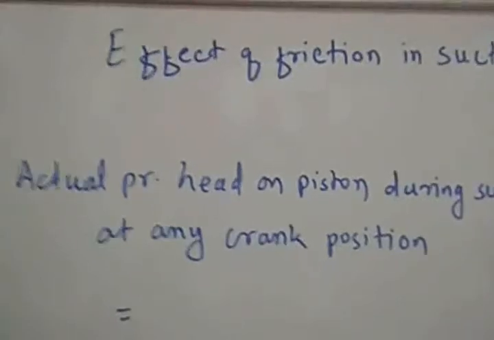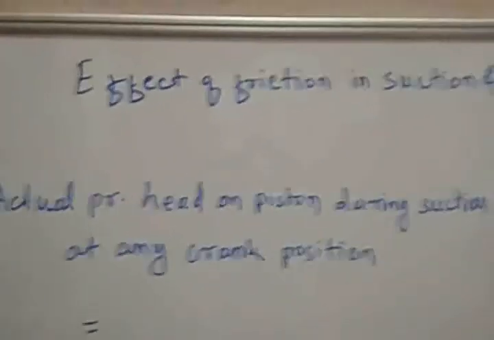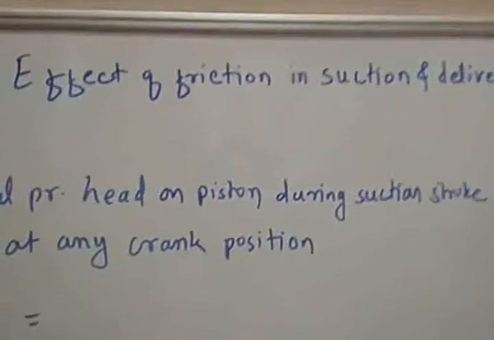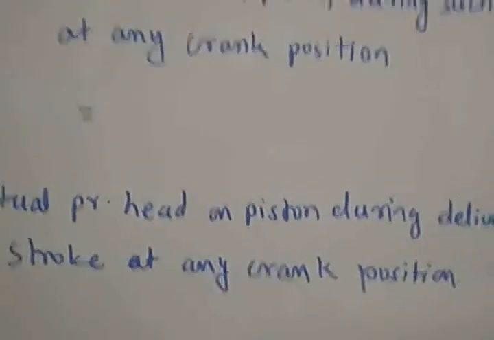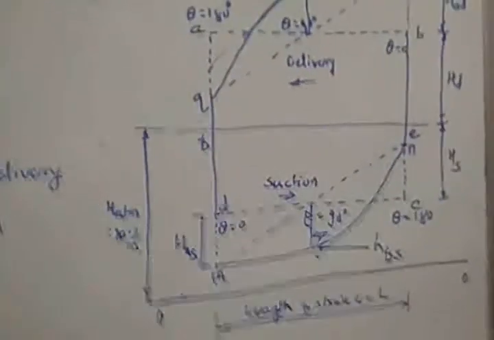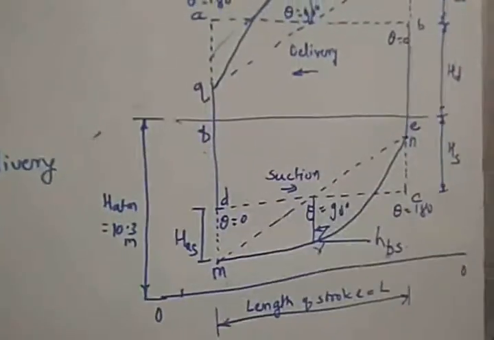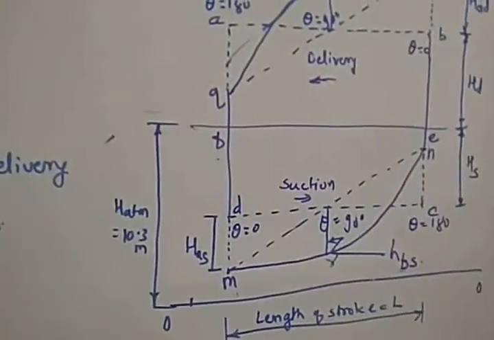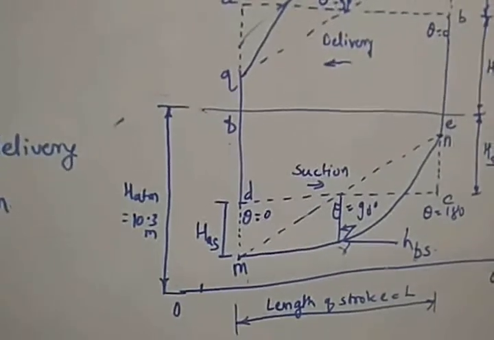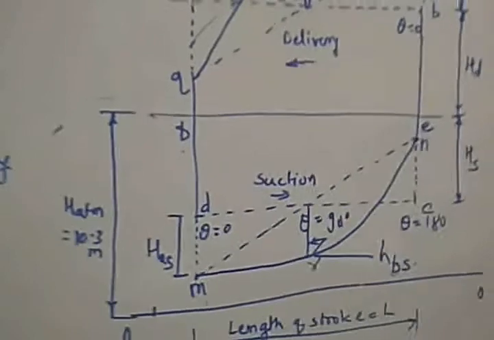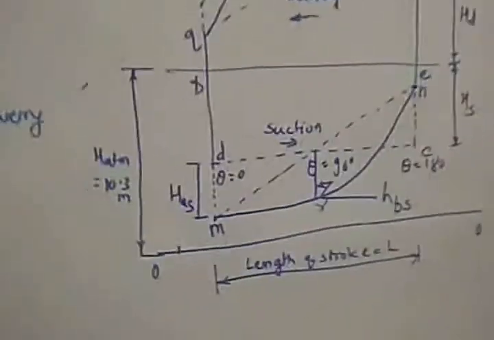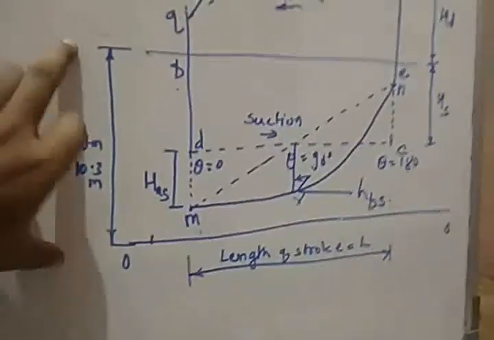Now we will find the actual pressure head on a piston during the suction stroke at any crank position, and the actual pressure head on a piston during the delivery stroke at any crank position. If we observe the indicator diagram over here, the actual pressure head at the suction stroke on the piston will be measured from the atmospheric pressure head.